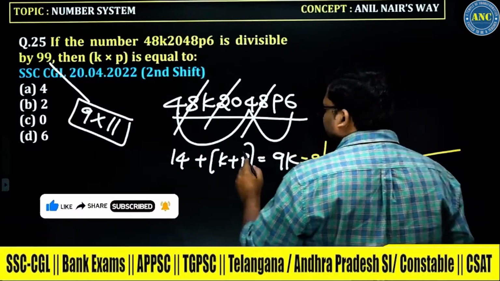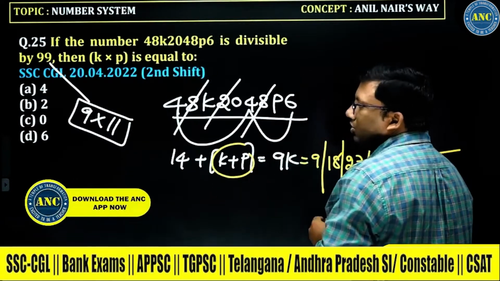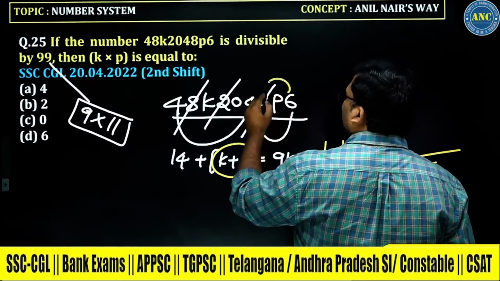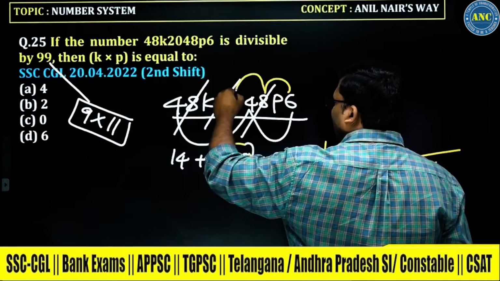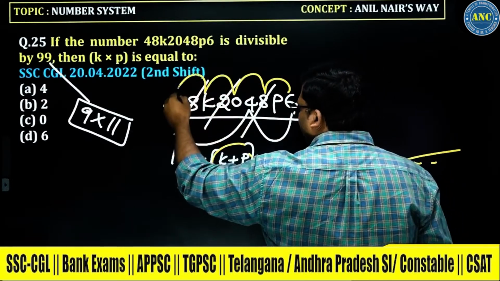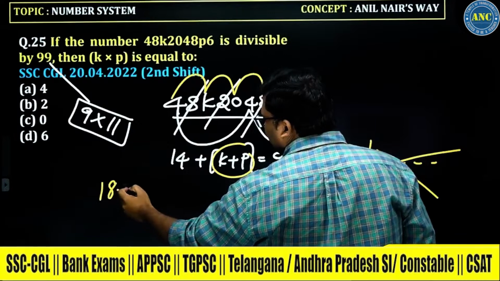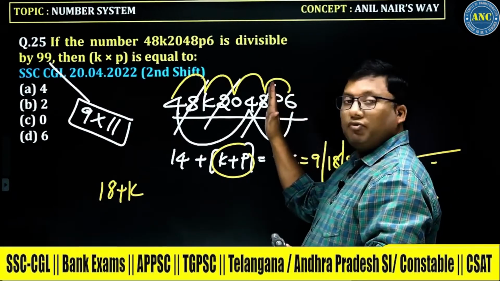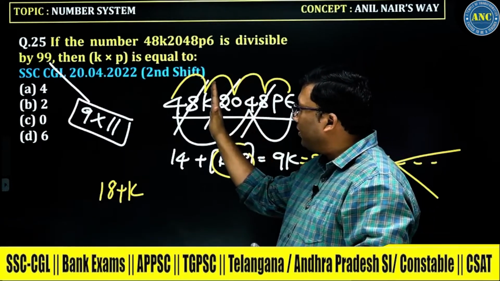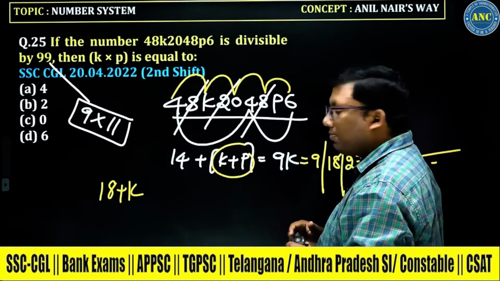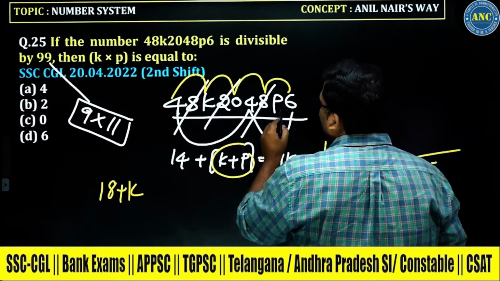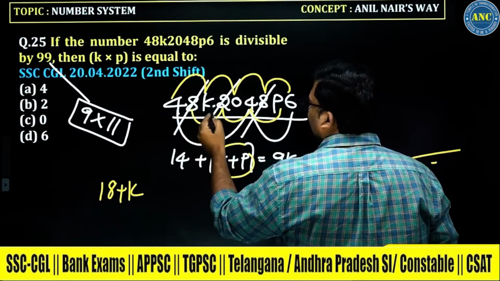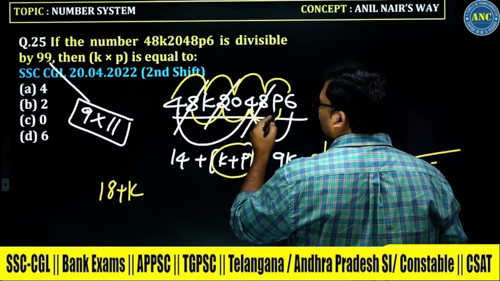So here, K plus P. Let us use the divisibility rule of 11. Sum of odd places: 6 plus 8 is 14, 14 plus 0 is 14, 14 plus K plus 4, it is 18 plus K. Sum of even places: 4 plus P plus 2 plus 8. 8 plus 2 is 10, 10 plus 4 is 14.